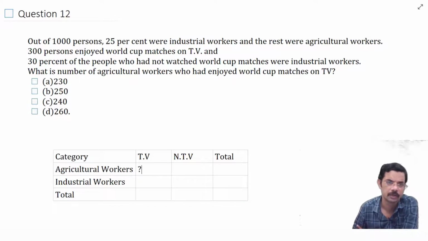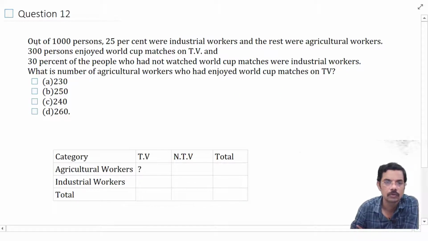Okay, next question. Question number 12. This is a wonderful question. Out of 1000 persons, 25% were industrial workers and the rest were agricultural workers.